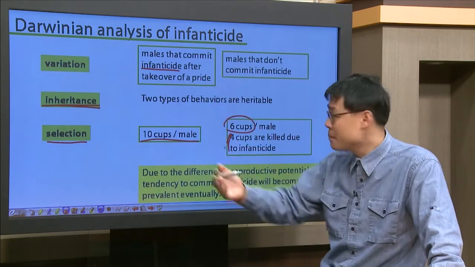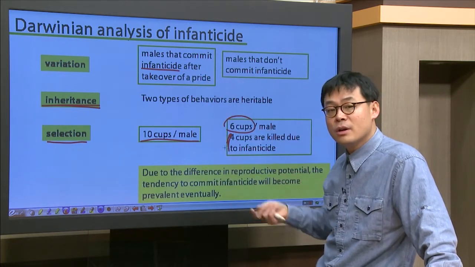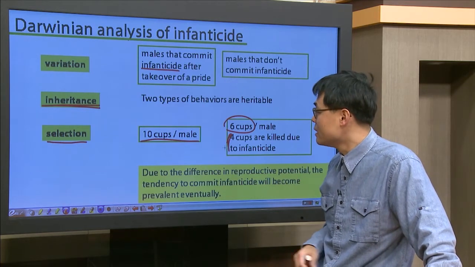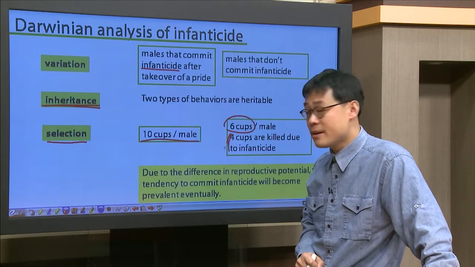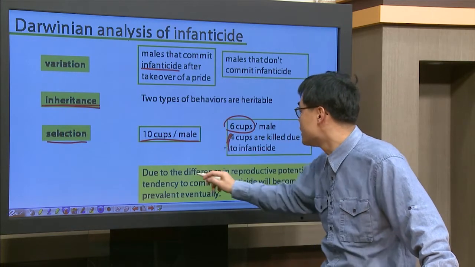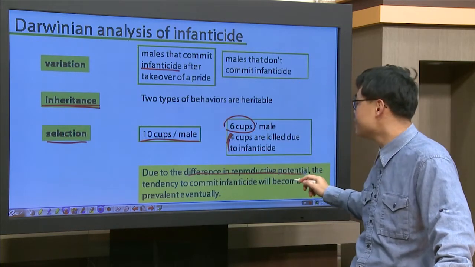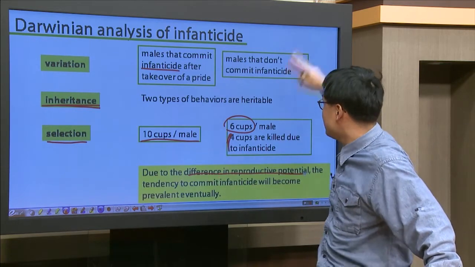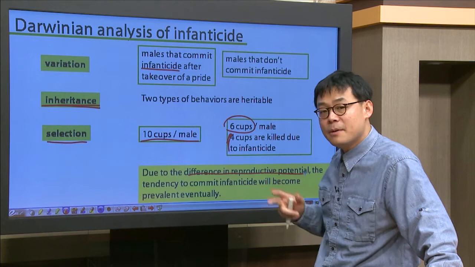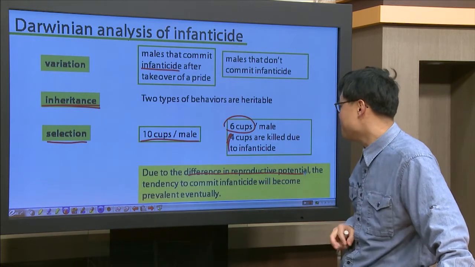So over the long term, they have fewer surviving offspring than the males that commit infanticide. This one has made 10 cubs per male, and these males have about 6 cubs per male.